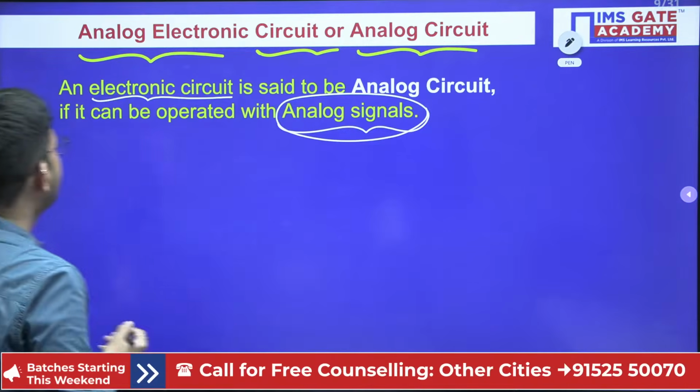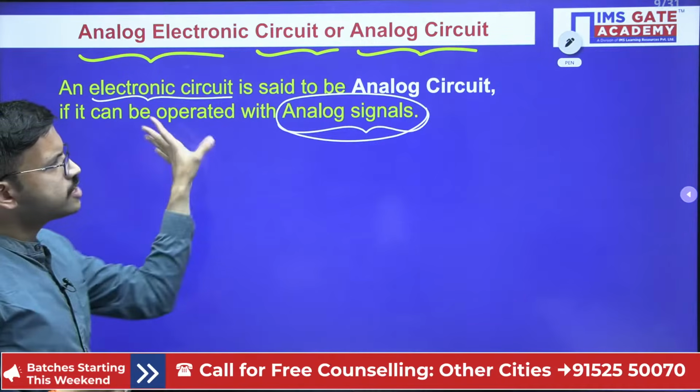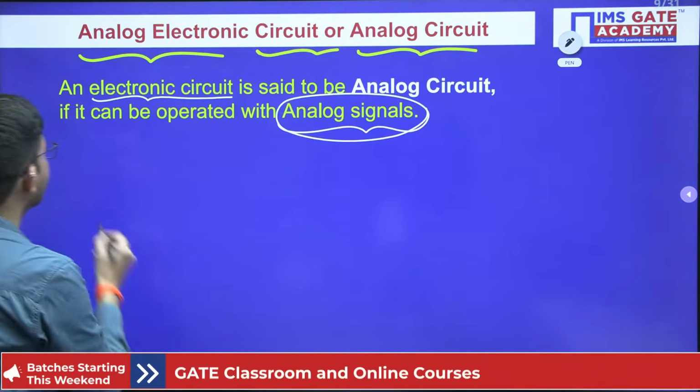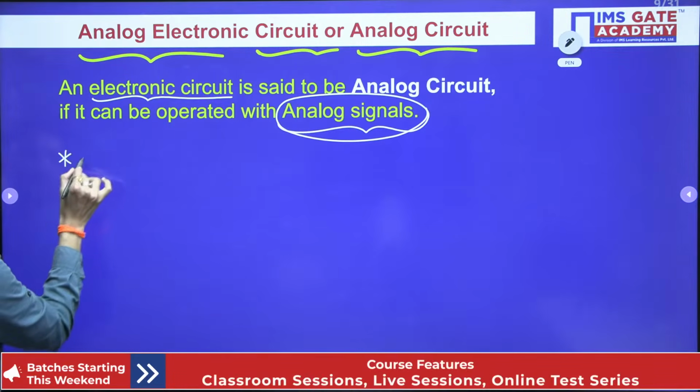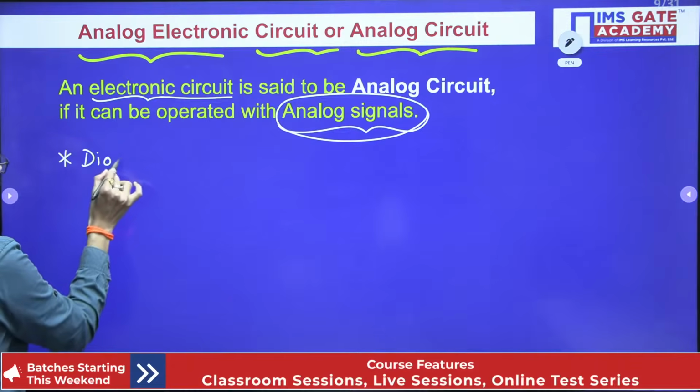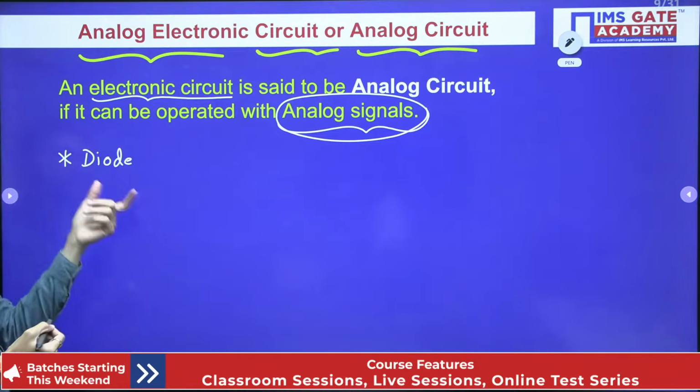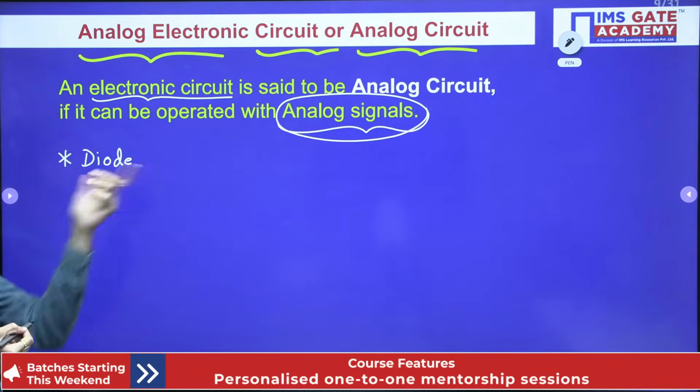Basically, in this subject, when you are studying analog circuits, you will come across diodes. In the electronic circuits, you will use the diode as one of the main components.